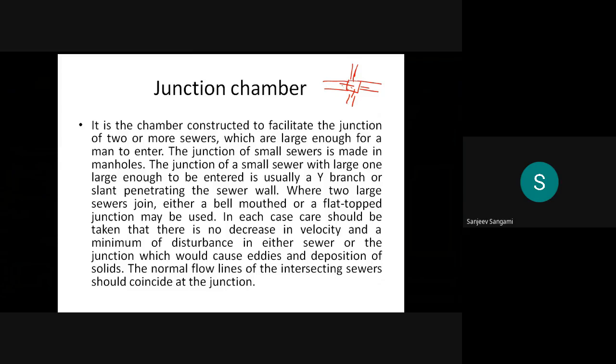Assume that you have a gradient at this point of 1 in 500. Make sure that here also it is 1 in 500, here also 1 in 500, here also 1 in 500. If that is the case, it is very easy to inspect all the pipes.